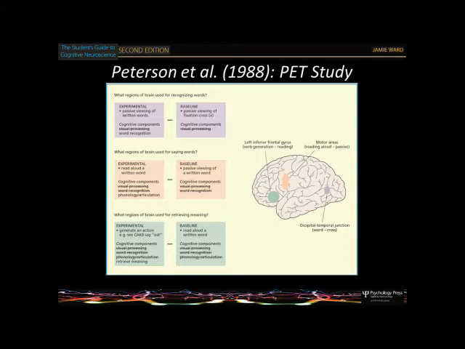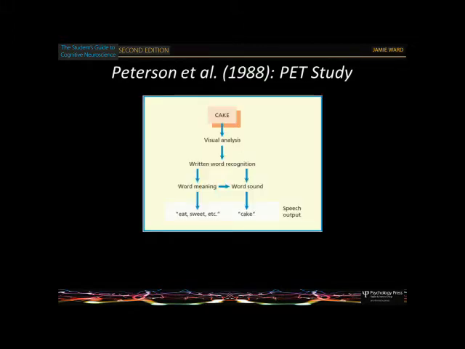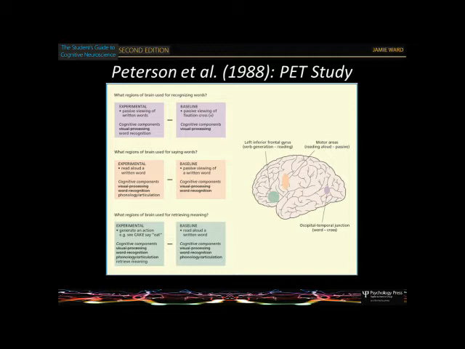It might just be this is where the motor commands to move your mouth are stored, okay? So again, you have to think what would be a better baseline for that here. Would it be saying it aloud in your head? It's hard to imagine necessarily what it is. So the point is what part of the brain does depends on how you construct your cognitive models. And in a way, this is one of the reasons why people think brain imaging is only ever as good as the cognitive model that you put in to test it. I don't think that that is quite right, but you can see where they're coming from.